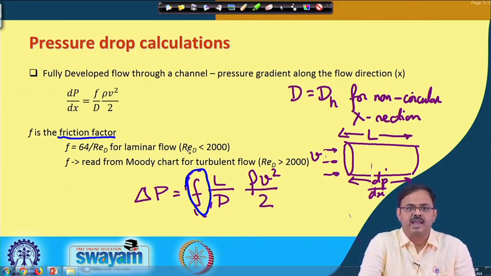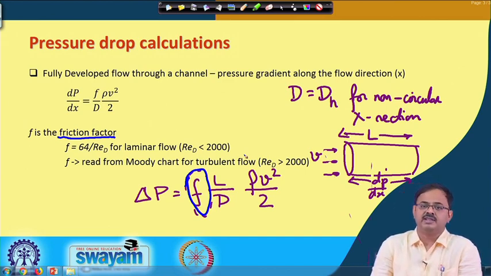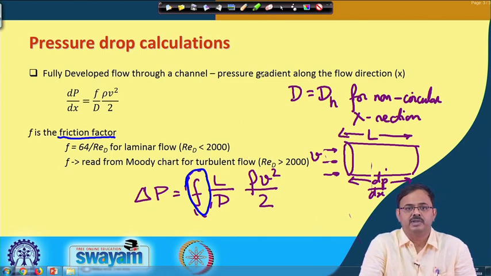If the flow is laminar, that is Reynolds number is less than 2000, remember Reynolds number is rho v D over mu, density times velocity times diameter over the viscosity. So, 64 over Reynolds number for laminar flow. So, as you can see that the friction factor actually goes down with velocity, but if it is turbulent, then we have to take the help of something called Moody chart. And what is Moody chart? Let us look at that.